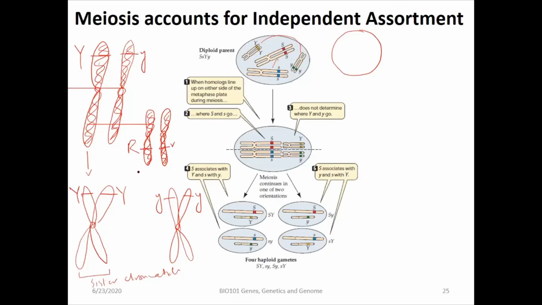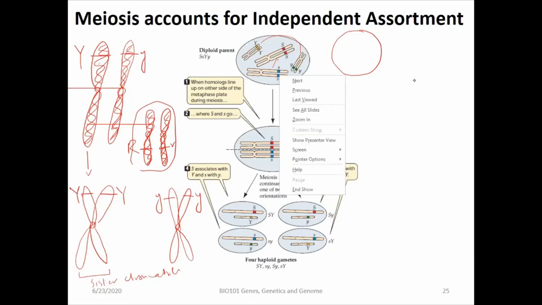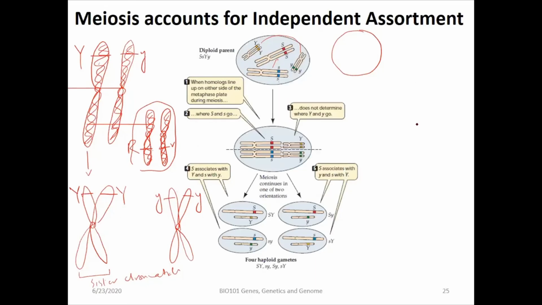Now, the same will be the case for this one, which is shown here, okay? Round, wrinkled, this is round, this is wrinkled. During first meiosis, this is a homologous chromosome, the same chromosomes which exist in pairs.